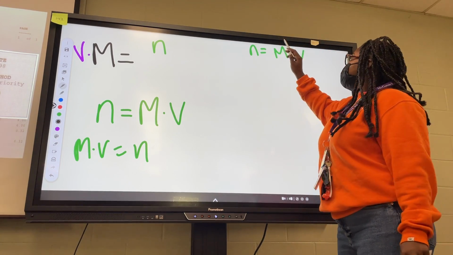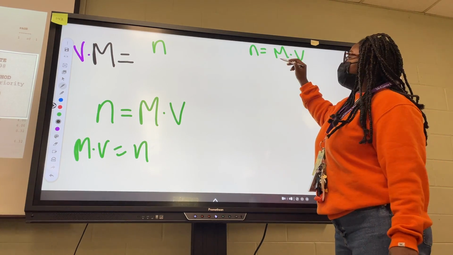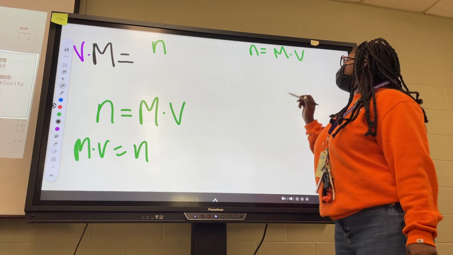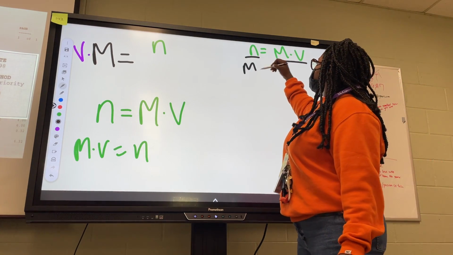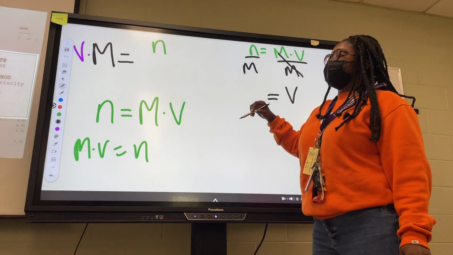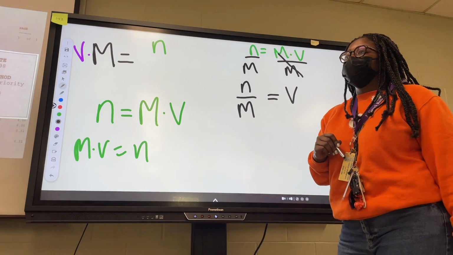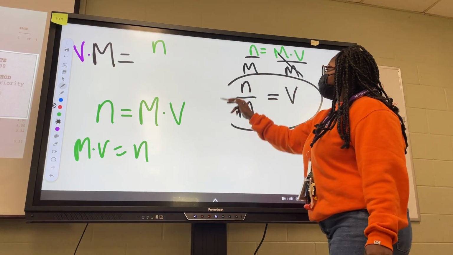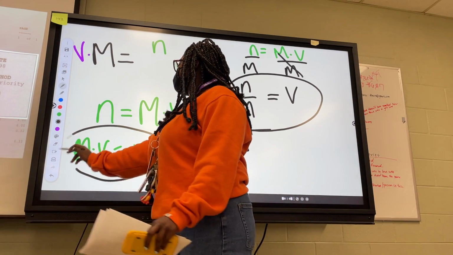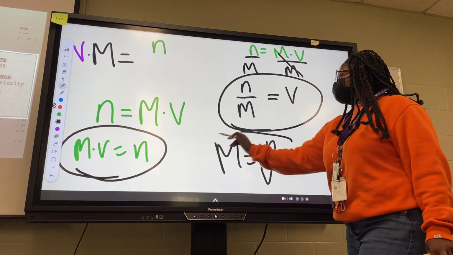You said M. Is it being multiplied, added, divided, or subtracted right now? How do you undo multiplication? Good job. So I'm going to divide both sides by M. So I'm left with V equals N over M. So these are your three formulas. And our main one, which is M equals N over V.